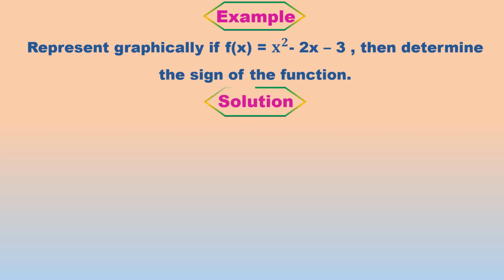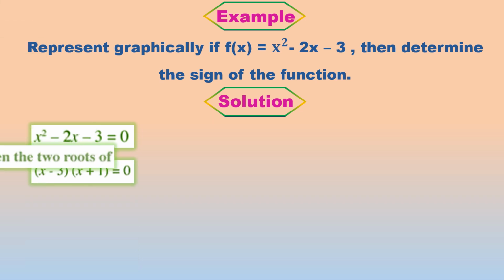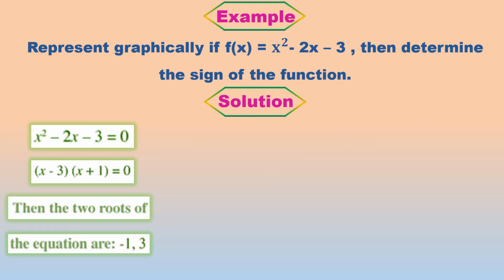The solution: x² minus 2x minus 3 equals 0, so x minus 3 and x plus 1 equals 0. We factorize the equation, put 0 instead of f of x, and solve the equation to find the value of x.